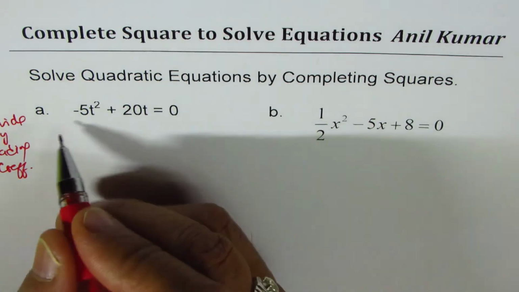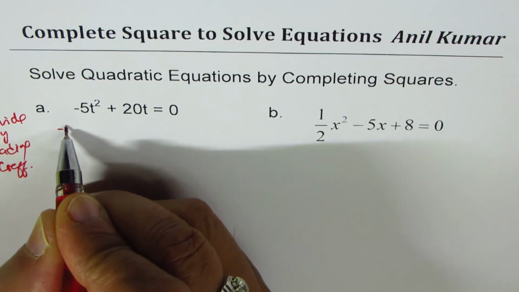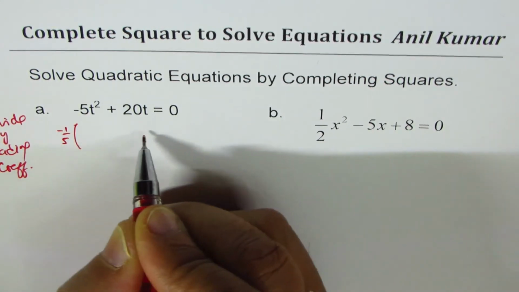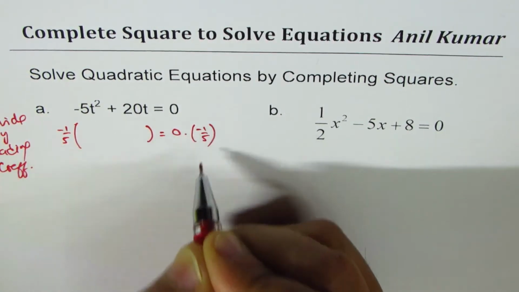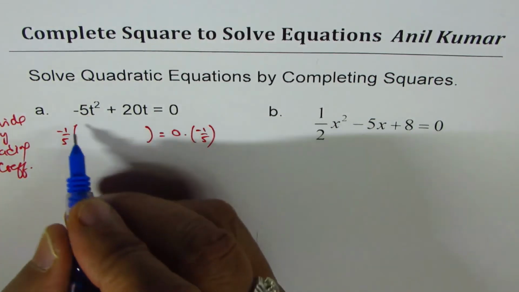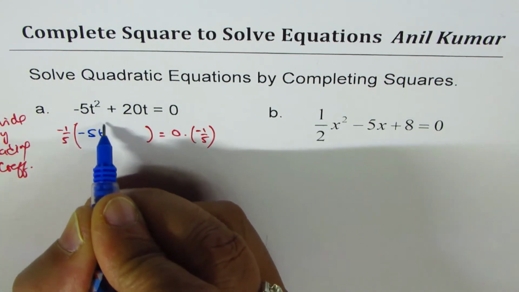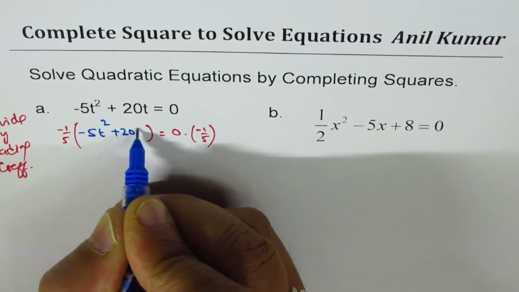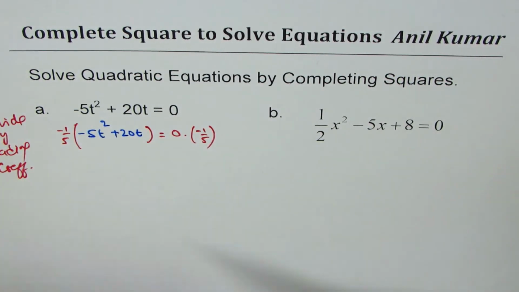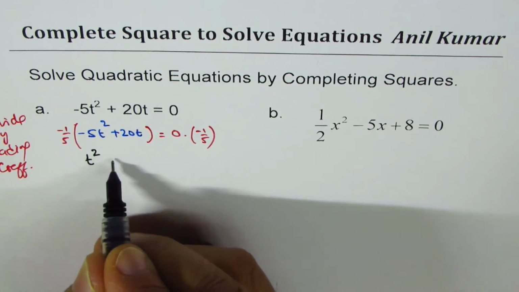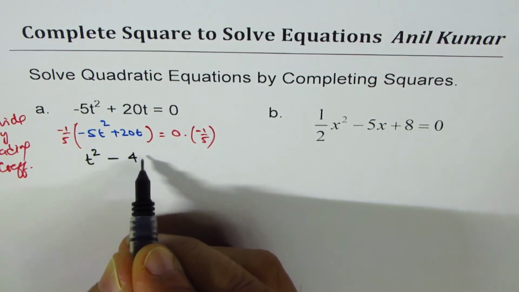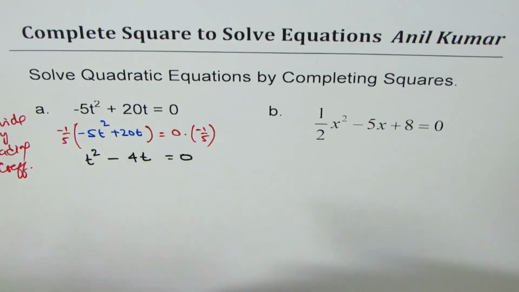What I'm doing here is multiplying by minus 1 over 5 on both sides, right? 0 times minus 1 over 5, and what we have here is minus 5t squared plus 20t. So when you multiply by minus 1 over 5, you get t squared minus 4t equal to 0.